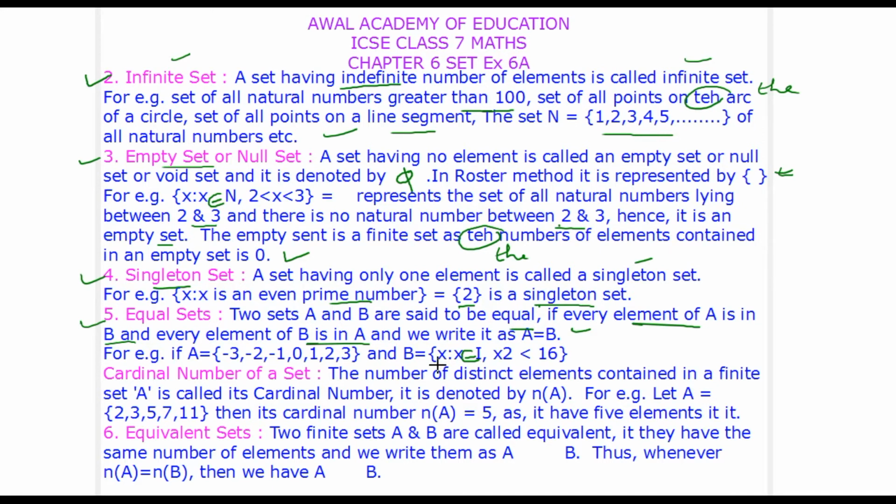We will read it as the set of all those X such that each X is an integer, and X square is less than 16.